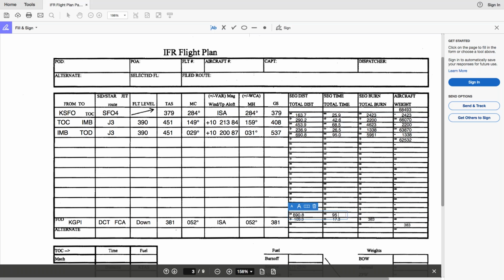Was that what we calculated out? Okay. I love it when a plan comes together.